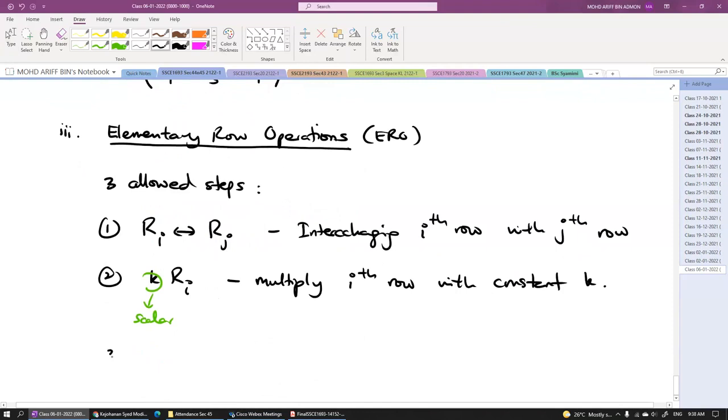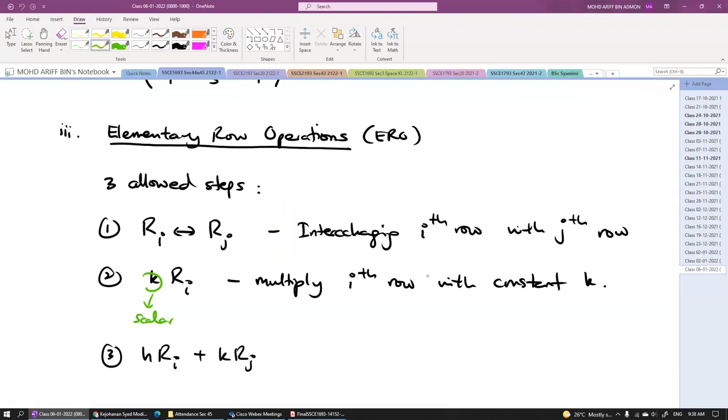And the last one, you want to do operation plus or minus between two rows. For example, row I plus row J, but here we have H and K. Once again, H and K can be any constant.